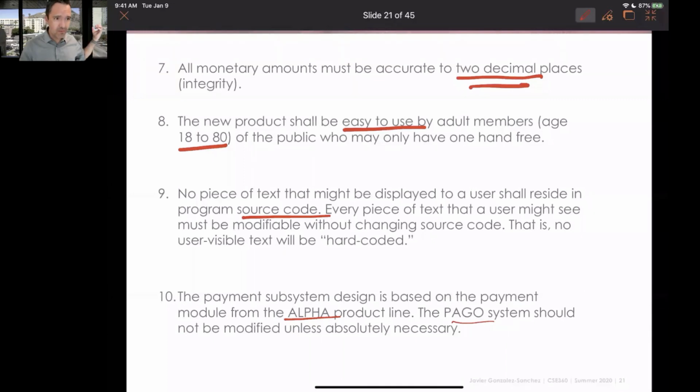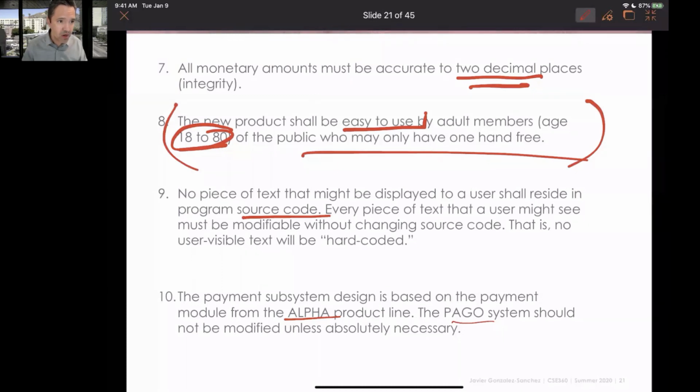It's like before, I am telling you background in green and fonts in yellow, 2 decimals for printing. Easy to use, be careful. If I only tell you easy to use, that is a necessity. However, here in particular, I am asking for a particular age of people, and I am asking for a particular situation. Can you measure this? Can this age be measured? Because that is one of the things for the requirement, right? Can we measure this? And hopefully you tell me yes.